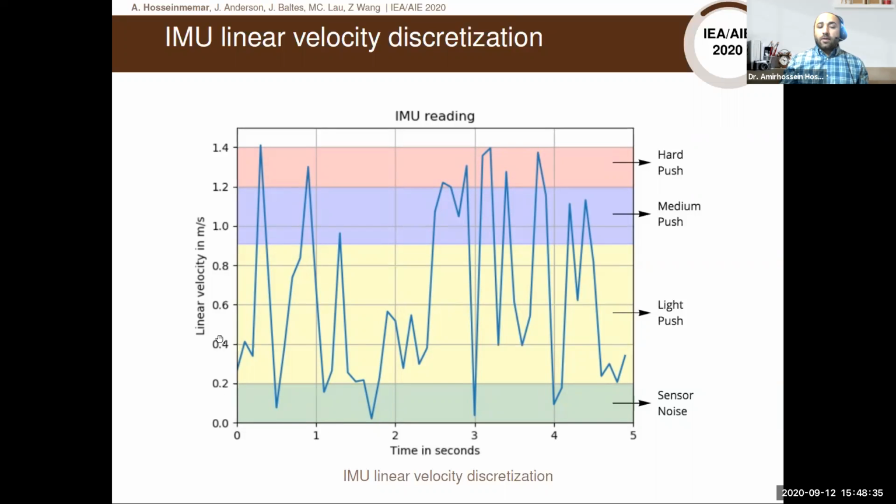Then from 0.2 to 0.9 is the acceleration for a light push, 0.9 to 1.2 is for a medium push, and 1.2 to 1.4 is for a hard push. This means that if we receive a push in any of these discretized states, we can identify the measure, and based on that the robot can take an action.